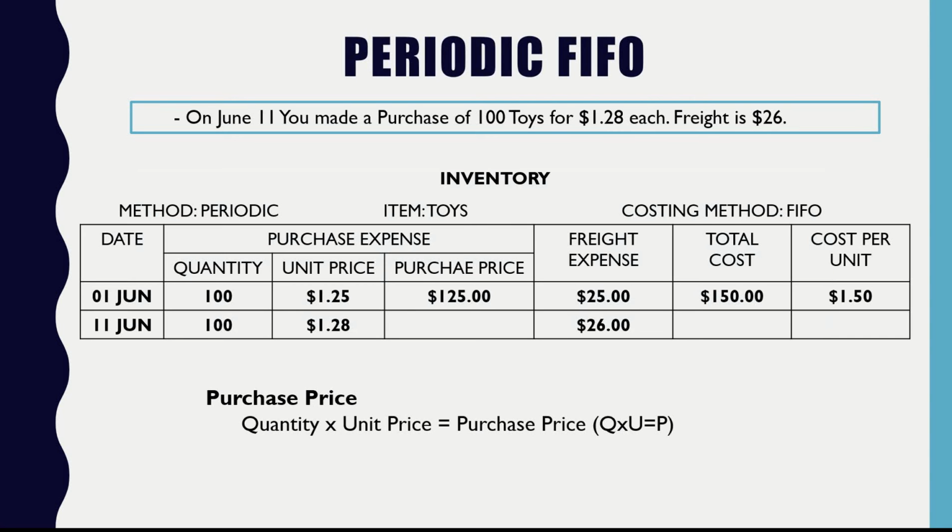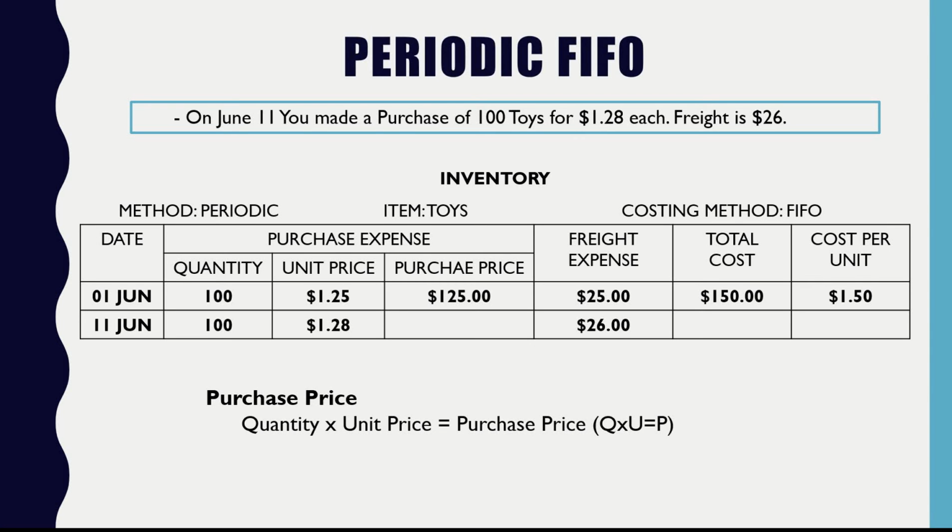So once again, I'm just stacking up my purchases. And once I stack up my purchases, that's where I determine which batches came first for me to sell out my inventory.